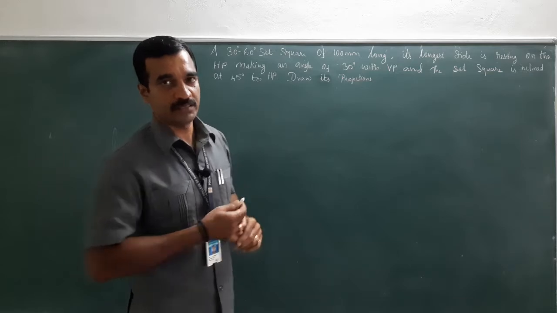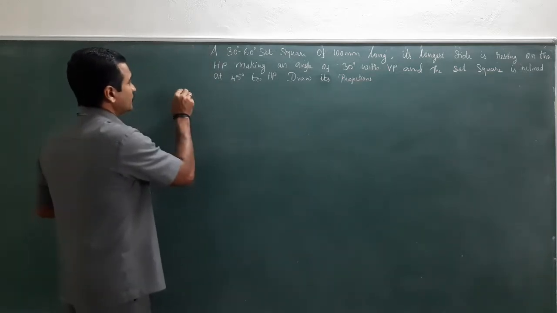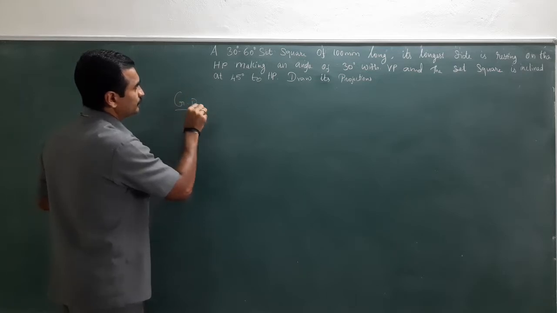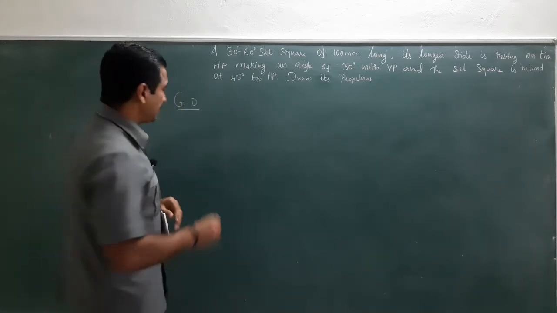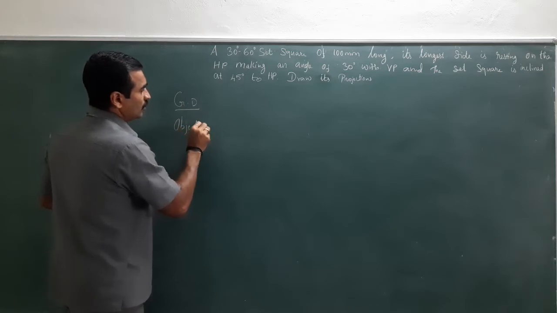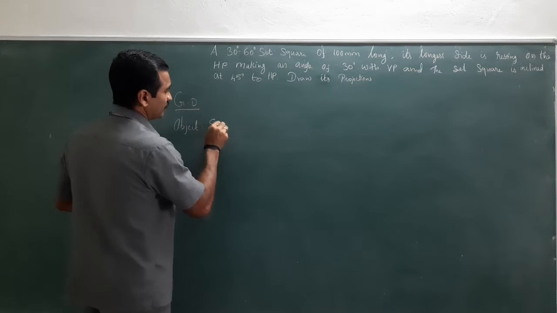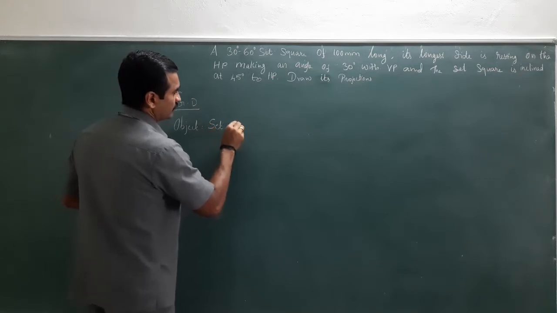Draw its projections. Let me just extract the given data first. Given data. Here the object is a set square.